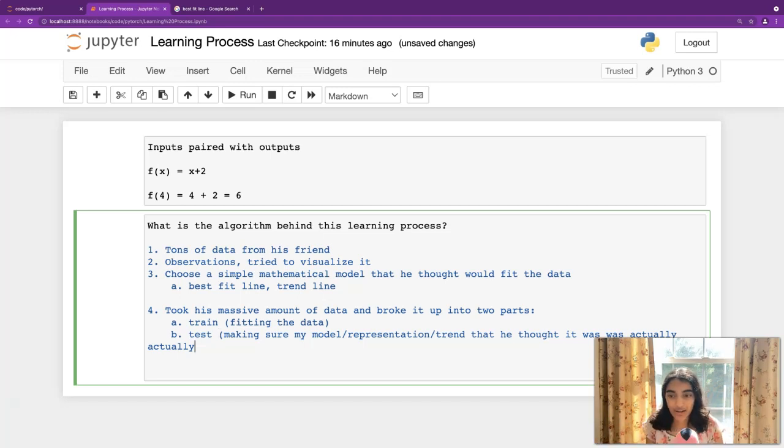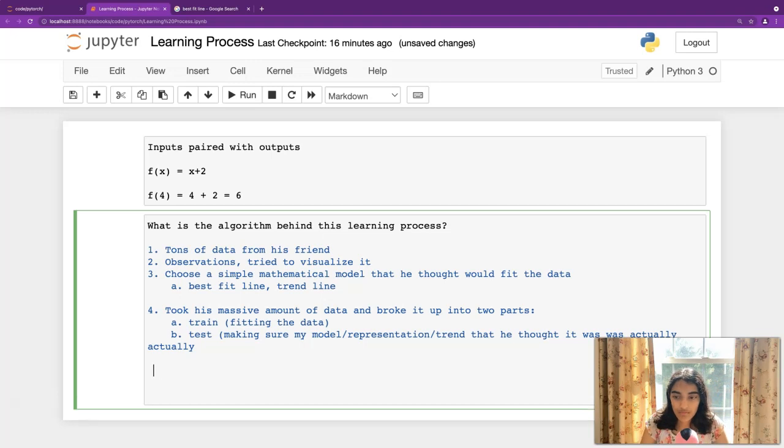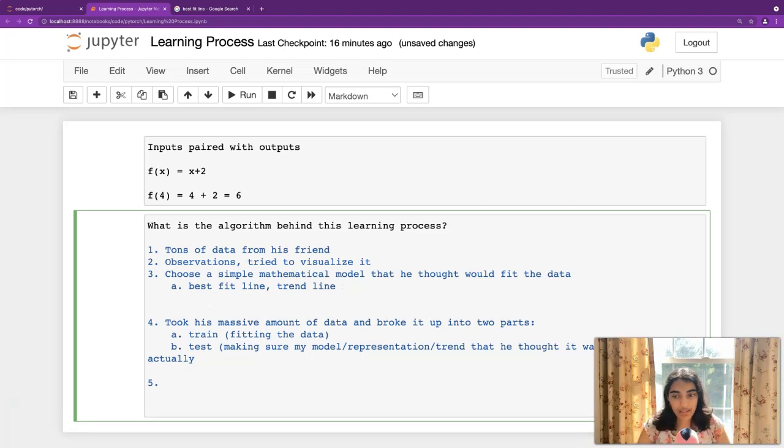So what did he do next? Well, first he thought that it was an ellipse. So he thought that this sort of function would be elliptical.